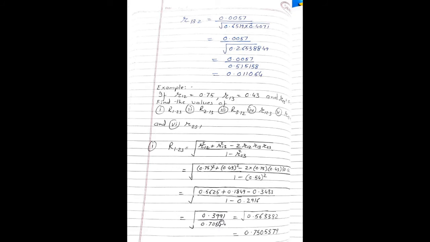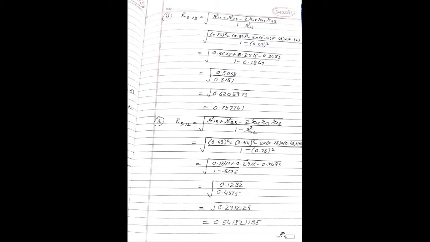If you perform the division, the value comes out to be square root of 0.563382. Take the square root. The answer of capital R 1.23 is given by 0.7505879.